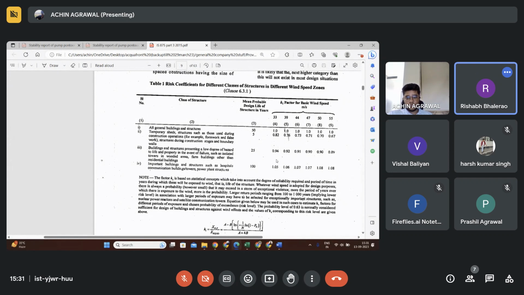If you read it properly, this is a building or structure presenting a low degree of hazard in the event of failure. So even if you take 0.92 for that case, it is reasonably safe.